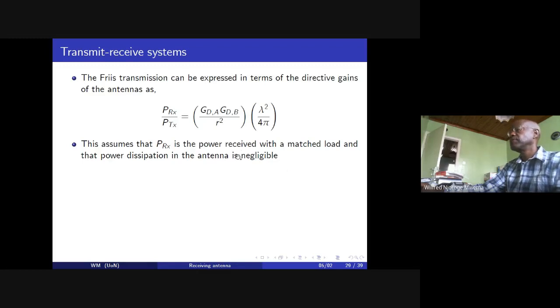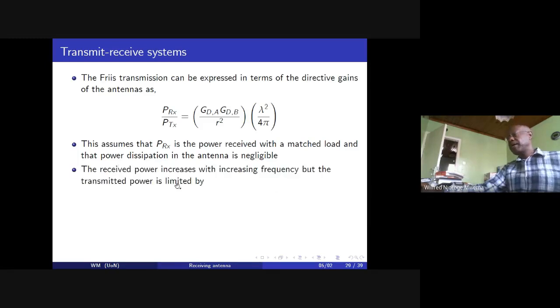And therefore, those supporting structures will also be absorbing some of the power incident on the antenna and therefore being dissipated. And therefore, what we are saying is that the antenna system power dissipation is small.